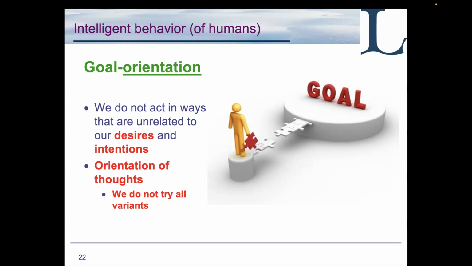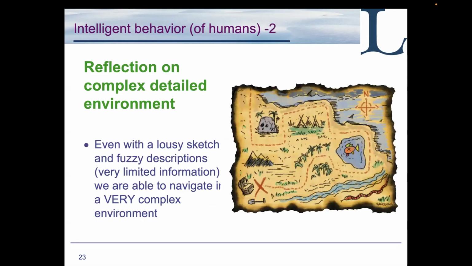Goal orientation: we do all our actions having a specific goal in mind, and we can assess this goal and make corrections according to it. And this prevents us from trying randomly all different variants, and lets us make conscious decisions.